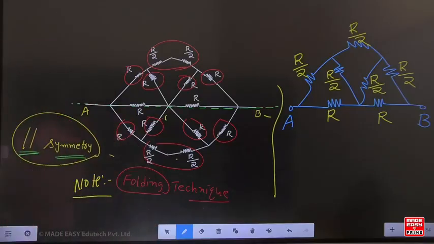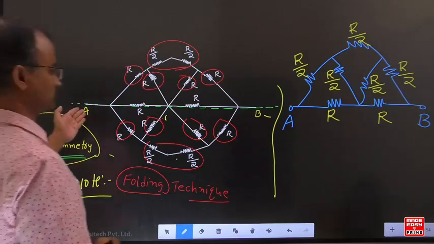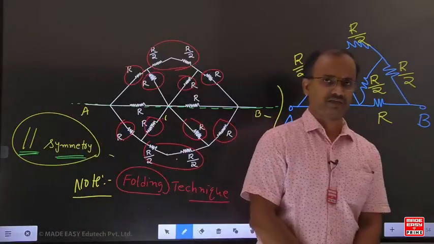Write the note. First point. In the above network, Krishi Sharma, listen carefully: already concluded that the I by 3 method cannot be applied, because the connections are not identical. Listen carefully to the statements. In the above network, AB points are indicated along the x-axis.